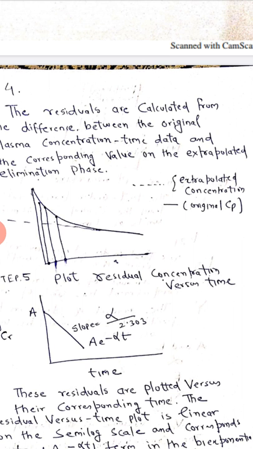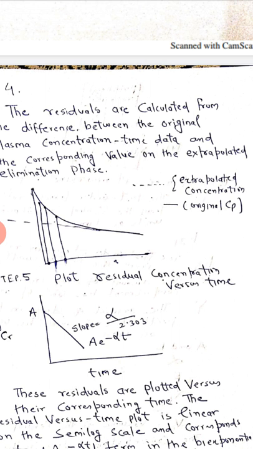You can see the data points on the dotted line, and some data points on the solid line. You have to subtract the extrapolated concentrations from the original plasma concentrations.